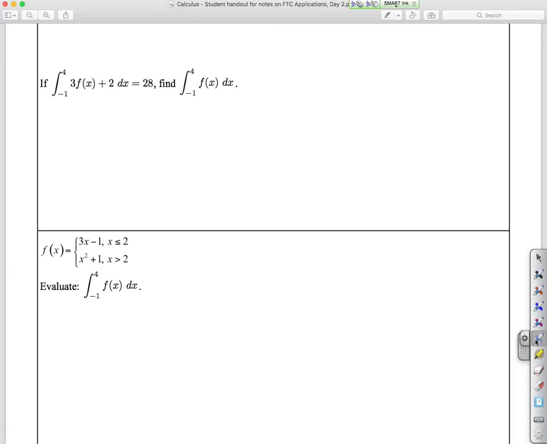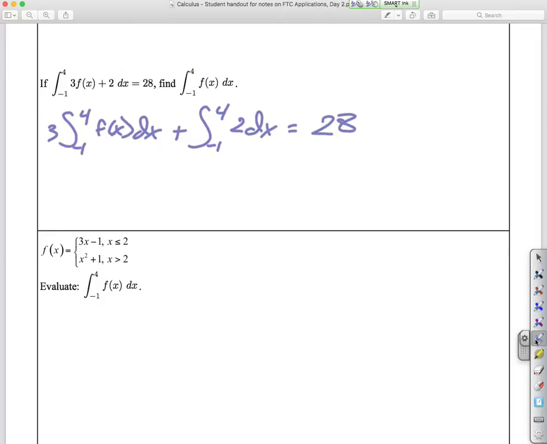Split it up is correct. So I'll move that 3 to the front, and I give 2 its own integral.